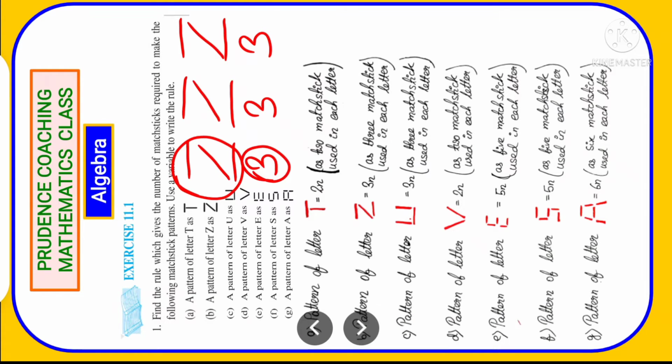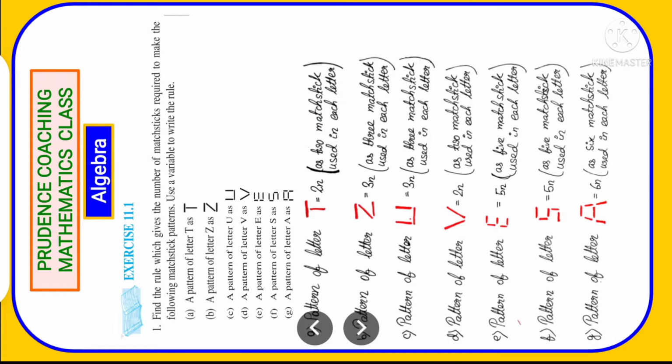But how many Z's there are is not constant, that is variable. So we can take it as 3 into n, where n is the frequency of this Z, how many times Z will be made. So this is the formula, that is 3n. I think it is clear to you. Let us see the next one. Next one, as you can see, is U.